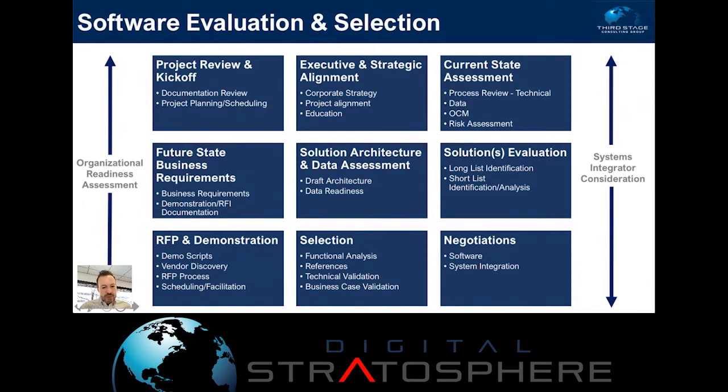So it really depends on the complexity of your organization as well as the scope of what you're evaluating. If you're just evaluating warehouse management or financial system or procurement or whatever the case may be, you might be able to do it a bit sooner than a full-blown enterprise-wide solution.